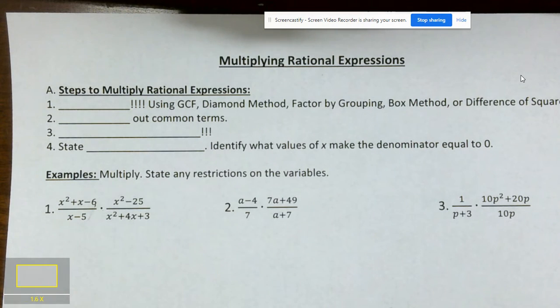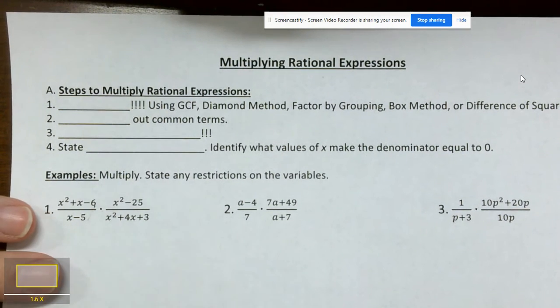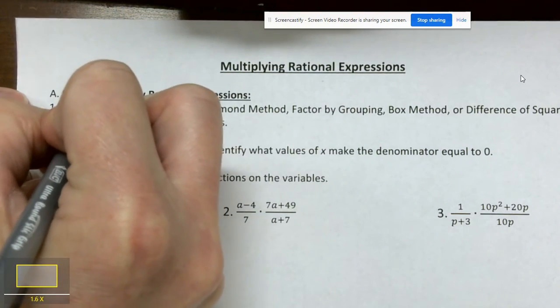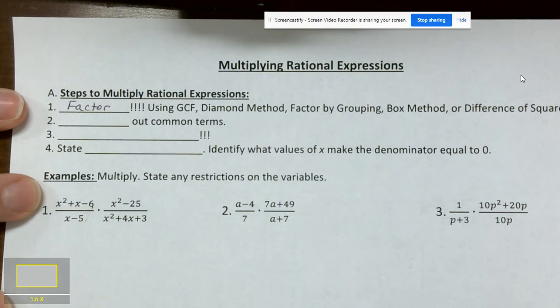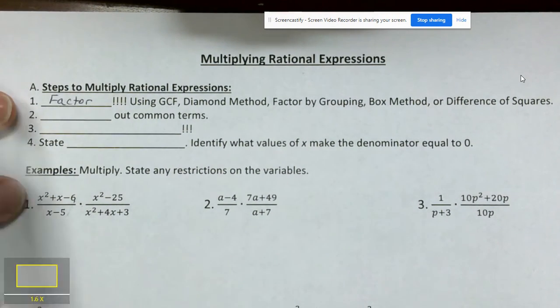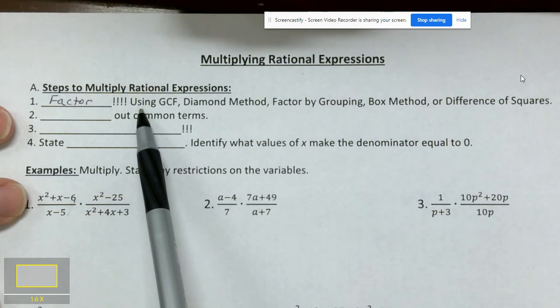Before we get into this, I want to give you the steps that you're going to follow in order to be able to multiply rational expressions. Your first step is factor. And again, I know you guys don't like that step, but we have to factor these in order to be able to simplify them and multiply them. I gave you a hint out here.